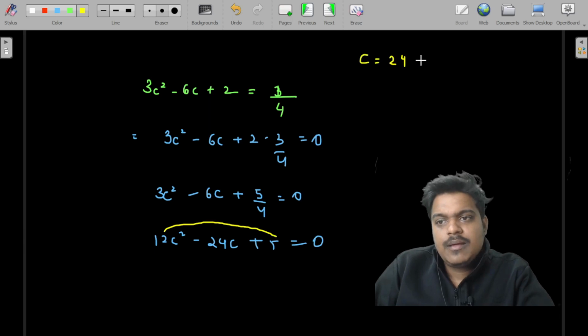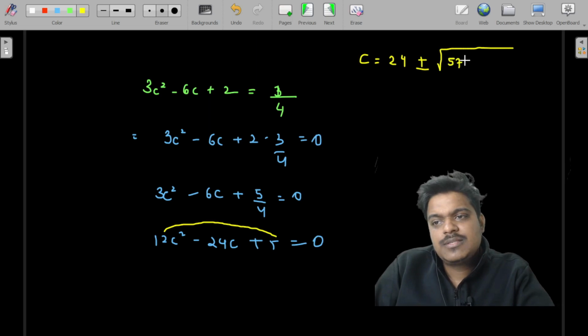Like the general formula for solving a quadratic equation, minus b plus minus root over b square. 24 square is 576, minus 4ac. So ac is 20, and 4 times that is 240, divided by 24.